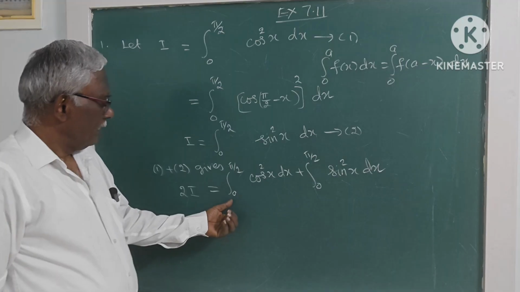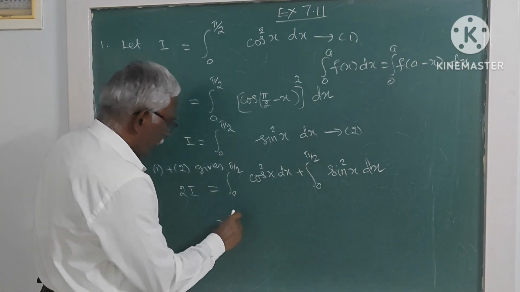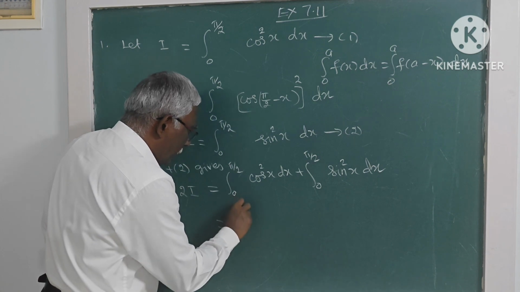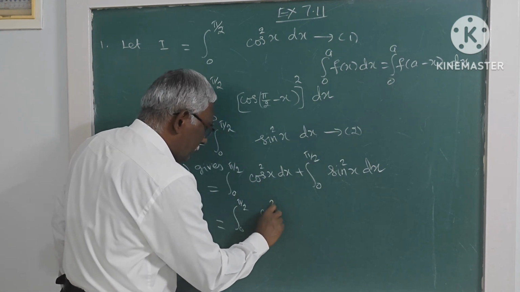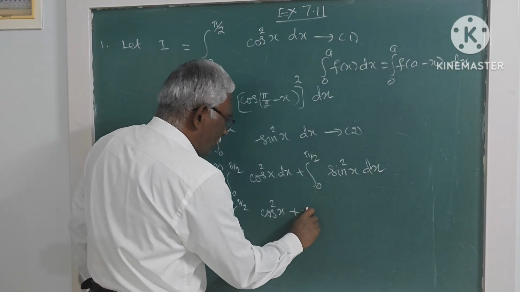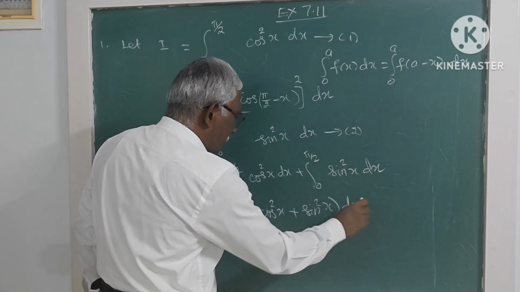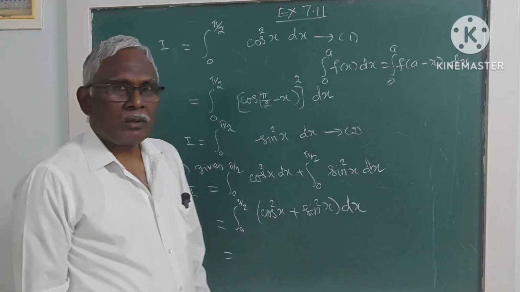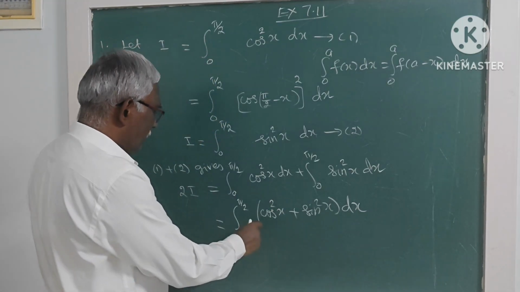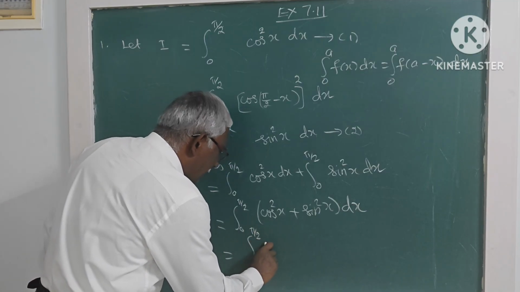Now you can see the limits of both integrals are the same. So we can write integral 0 to pi by 2 of cos square x plus sin square x dx. We know sin square x plus cos square x is 1. So this reduces to integral 0 to pi by 2 dx.